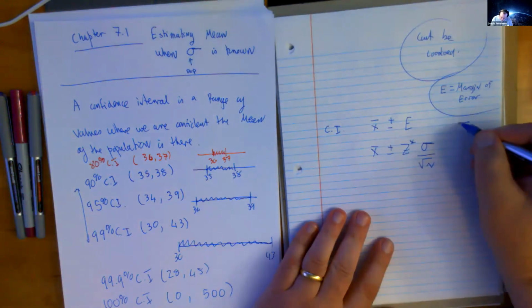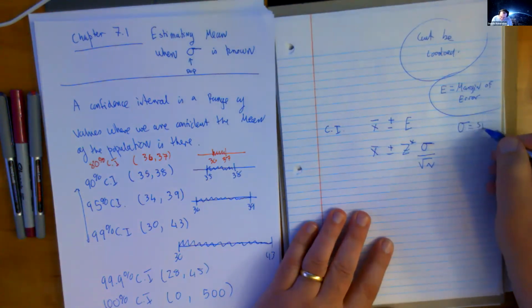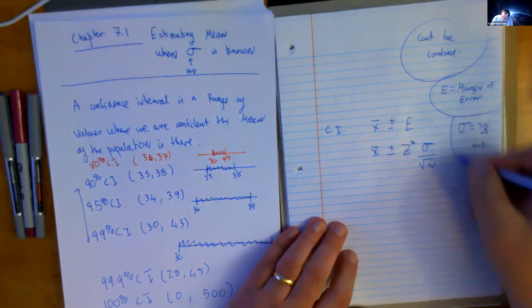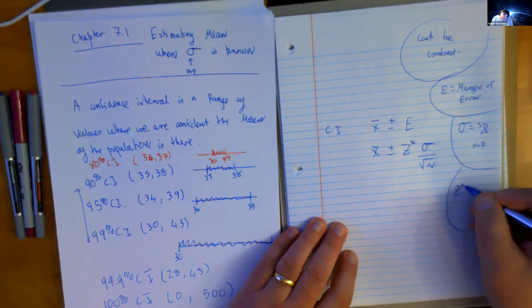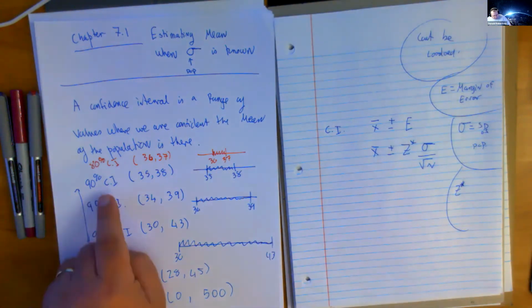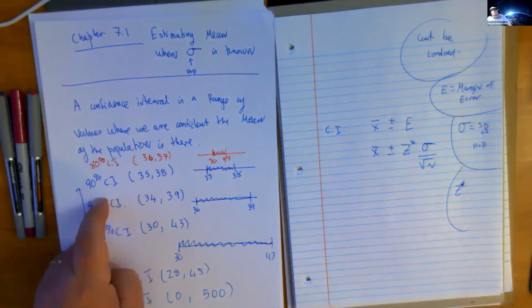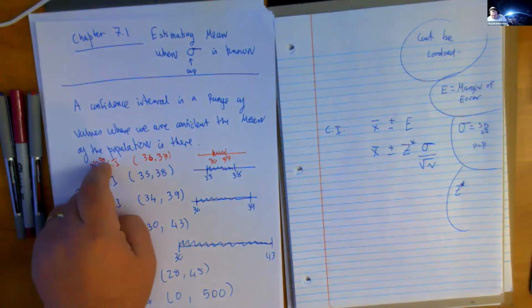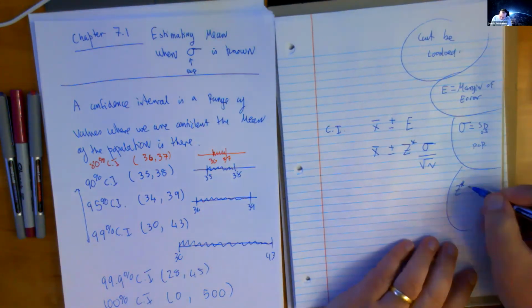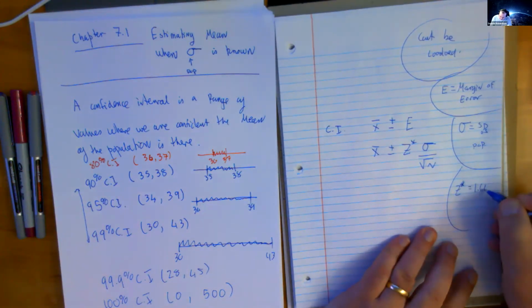And we all know that sigma is the standard deviation of the population. And who's this weird guy called Z star? Well, if you want a 90%, a 95, or a 99, or for that matter, an 80, this is who this guy is. For instance, he's the number 1.645 if you want a 90% confidence interval.